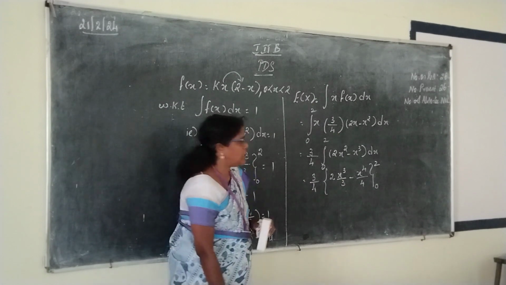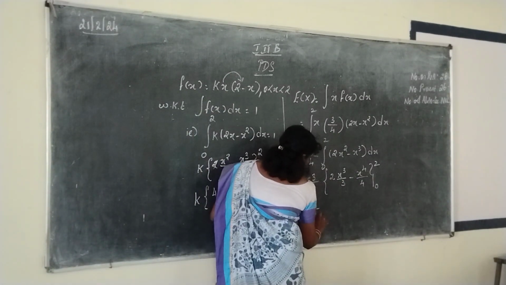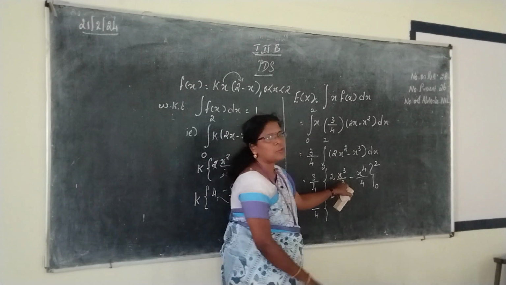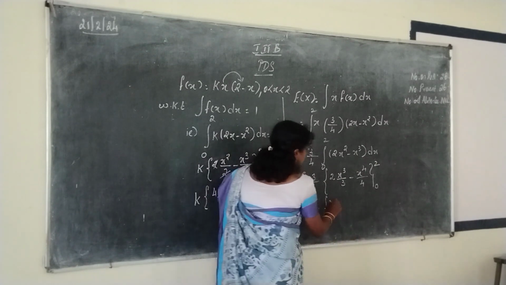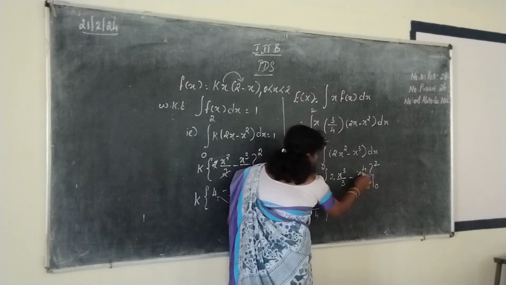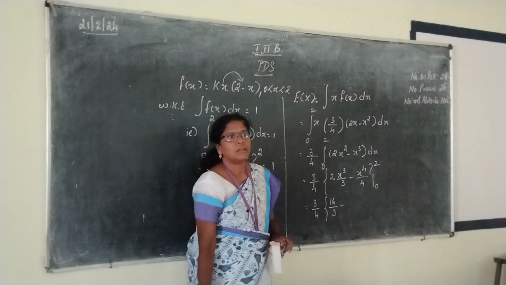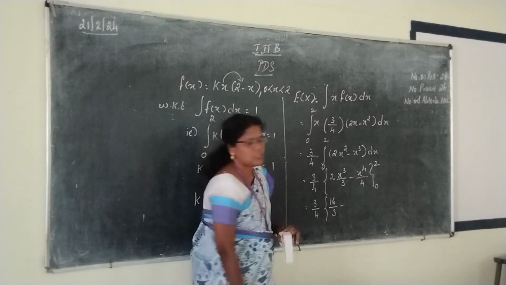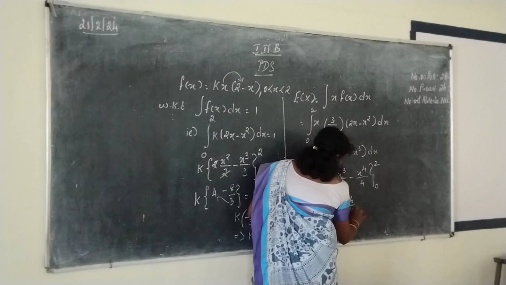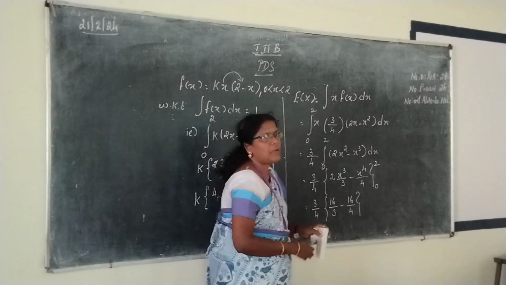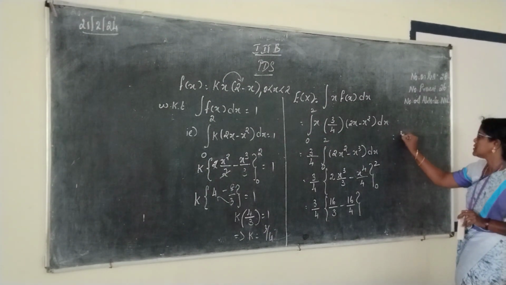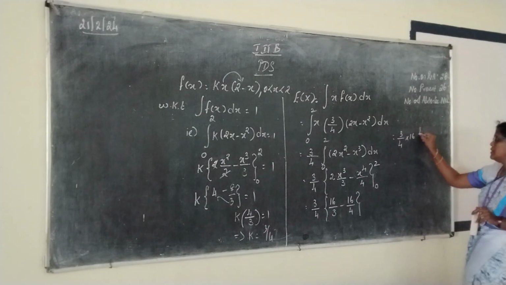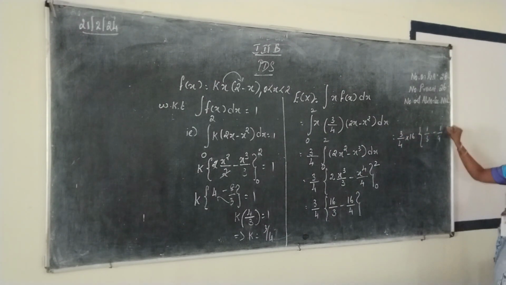Substitute the limit values carefully. 3 by 4 into upper limit x equal to 2. What is 2 cube? 8. 8 into 2 gives 16, so 16 by 3, minus 2 power 4 which is 16, so 16 by 4. Simplify. 16 is common in both, so 3 by 4 into 16 into 1 by 3 minus 1 by 4.